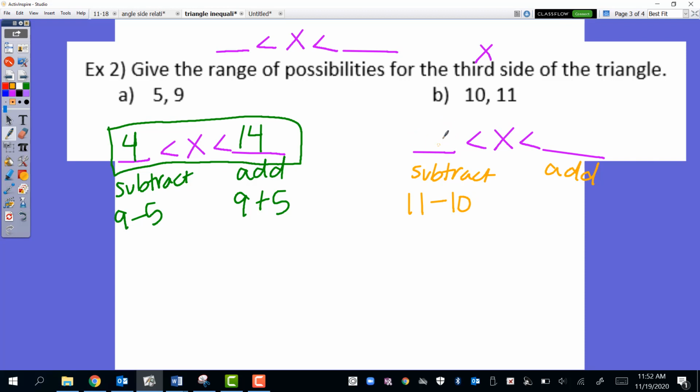Because you cannot get a negative side length. That's not a thing. A side of a triangle can't be a negative number. And then for adding, we're doing 11 plus 10. So when I do 11 minus 10, that is 1. And when I do 11 plus 10, that's 21. So this is my answer. The third side has to be between the numbers 1 and 21, but it cannot actually equal either of those numbers. Okay?